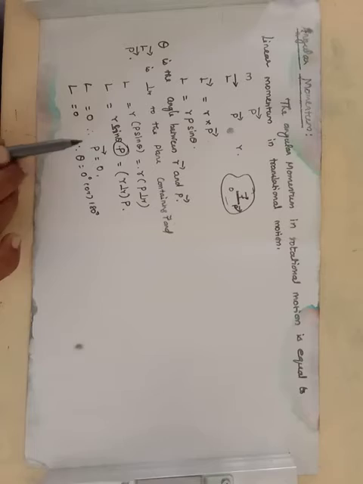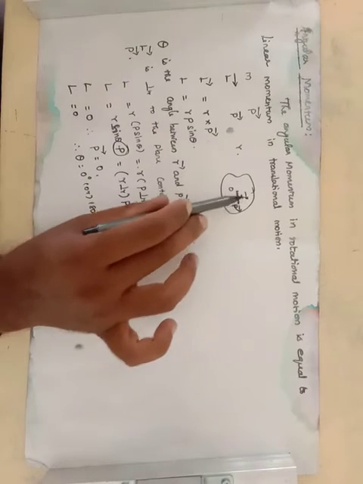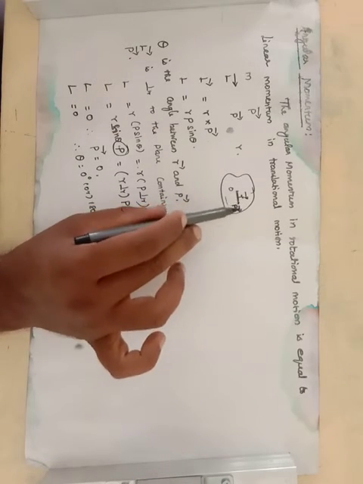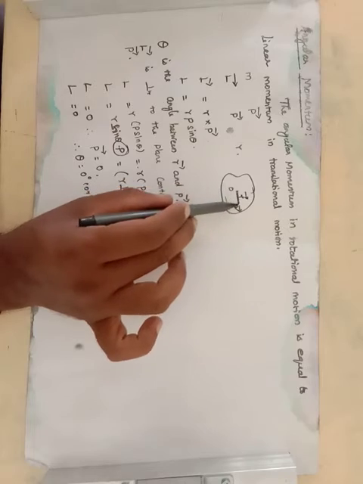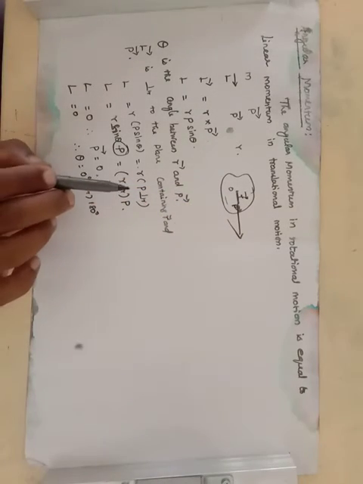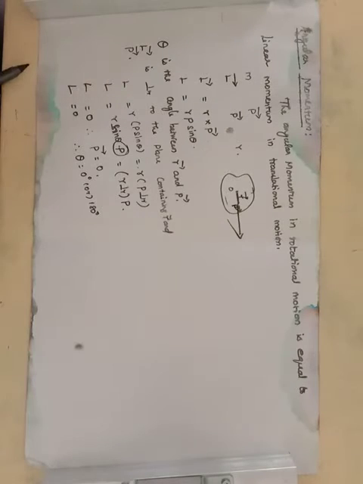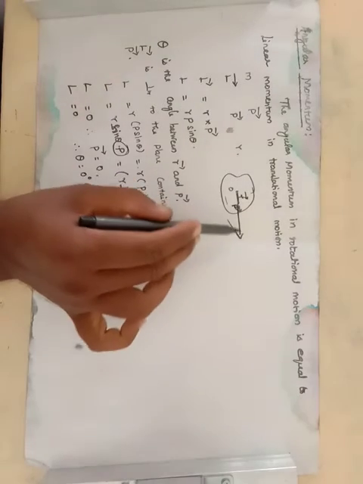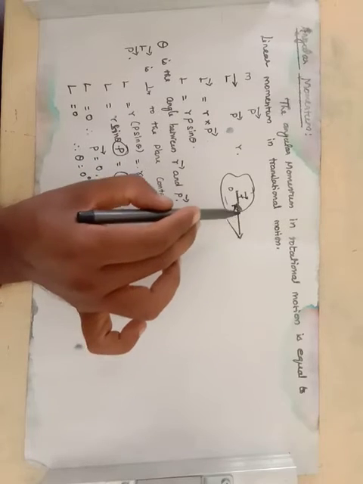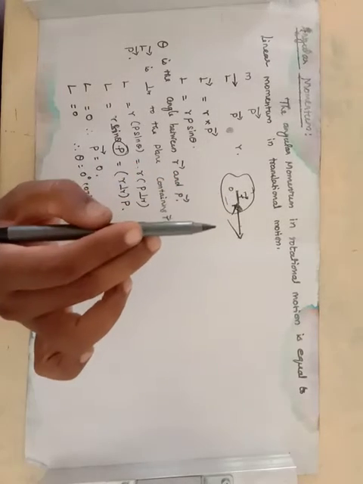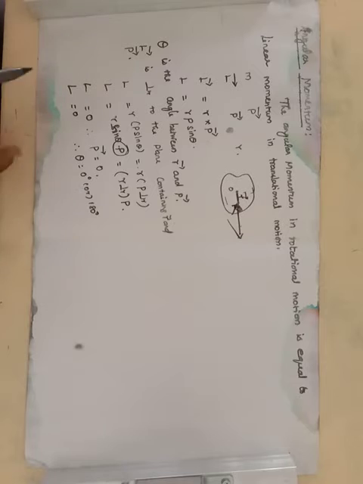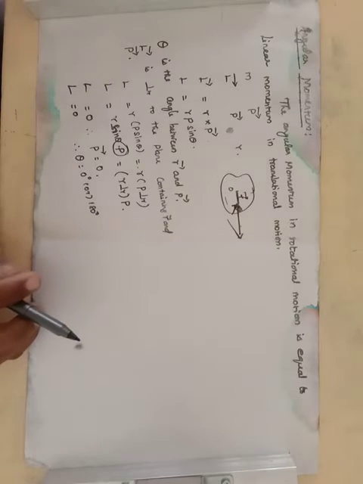What is the meaning of this? The angle between r and p is 0. It means they are in a straight line. The p is acting in a straight line, so the angular momentum is 0. Otherwise, if it is opposite, that is 180 degree, the p is opposite to the r vector, and at that time the angular momentum is 0.